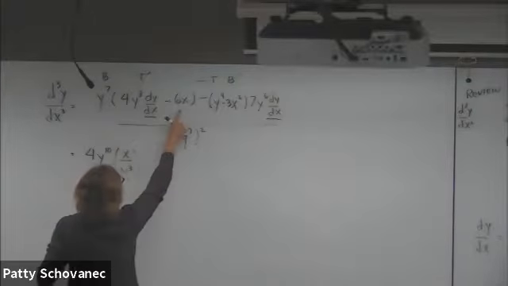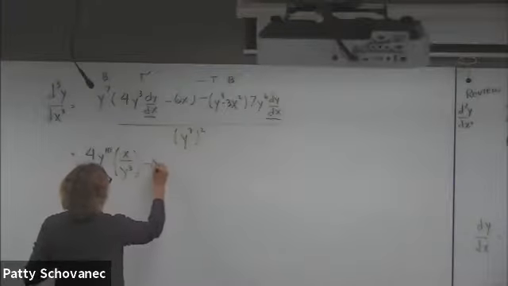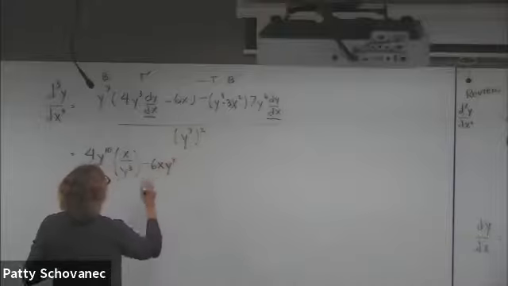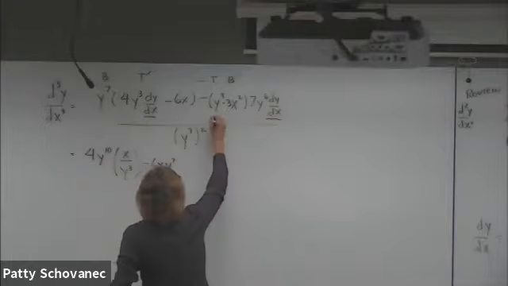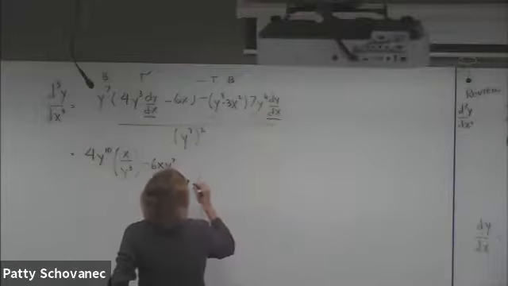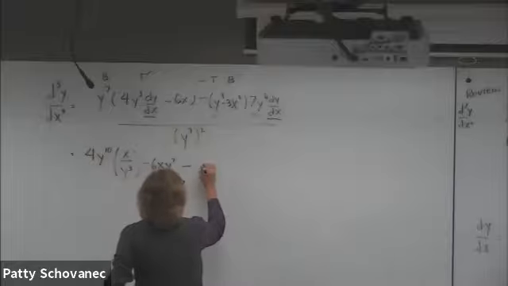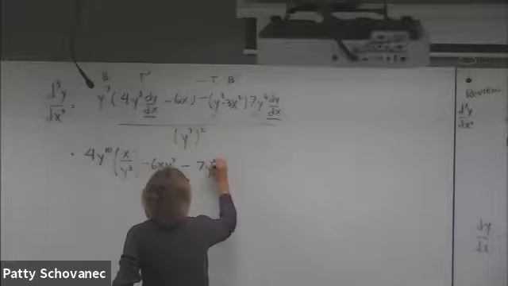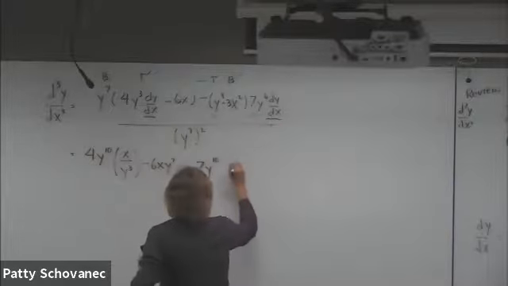Now I take y to the 7th times the 6x, so minus 6x y to the 7th. This multiplied with this gives me 7y to the 10th, but now I replace that with x over y cubed.